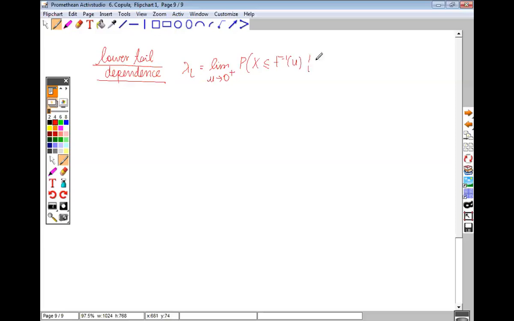And this is given that my y is already lower than this. Okay, so remember, this is just my small x and this is just my small y. So now I can rewrite this as the limit u going to 0 plus of a simple probability.